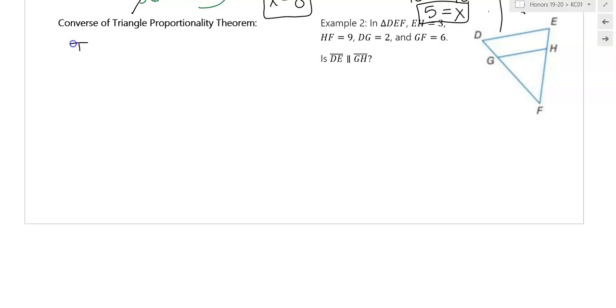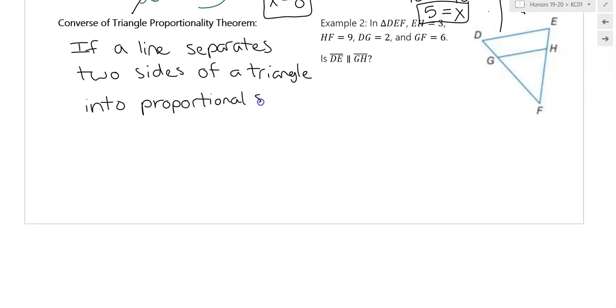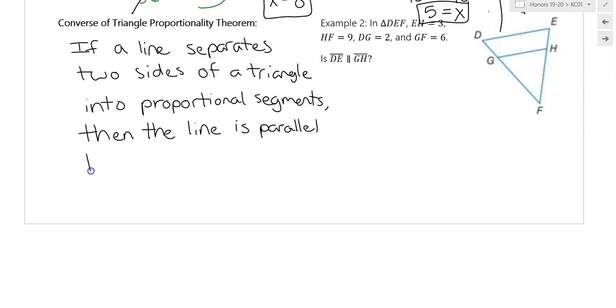So, if a line separates two sides of a triangle into proportional segments, then the line is parallel to the third side.